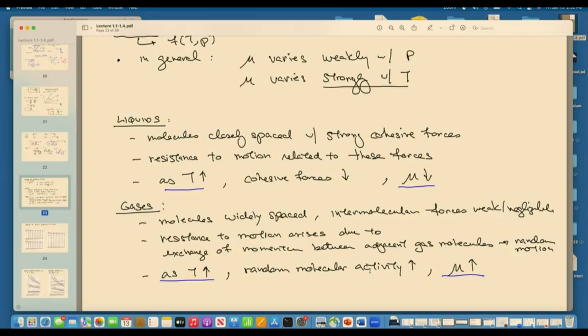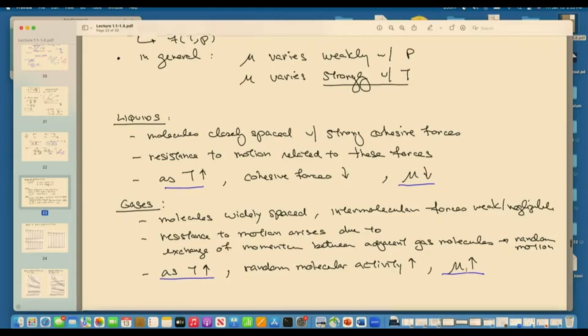Later, especially, we'll consider the viscous transport or transfer of momentum between fluid particles or between fluid layers. In any case, the bottom line is gases have the opposite behavior with respect to temperature. So as temperature increases, viscosity increases.